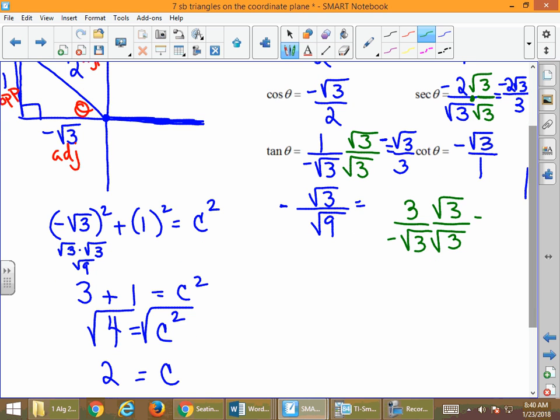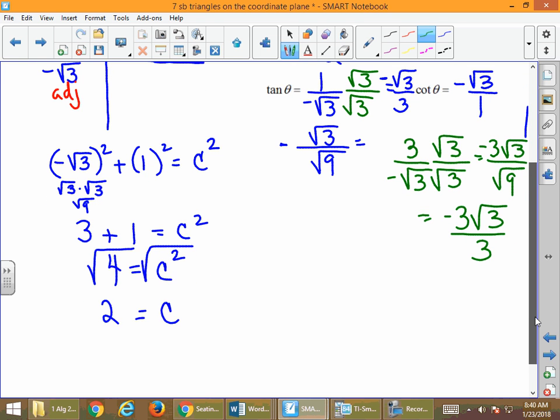So we end up with 3 radical 3 over the square root of 9. Don't forget the negative. Square root of 9 is 3. And then lastly, there's a 3 on top, there's a 3 on bottom. There's where that negative radical 3 comes with a little bit more work.